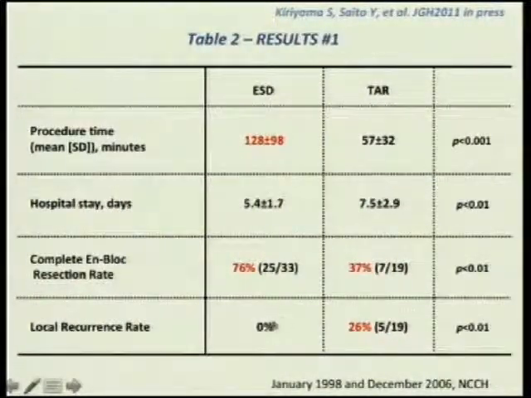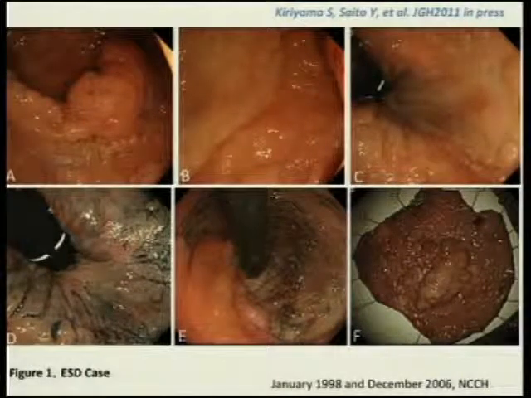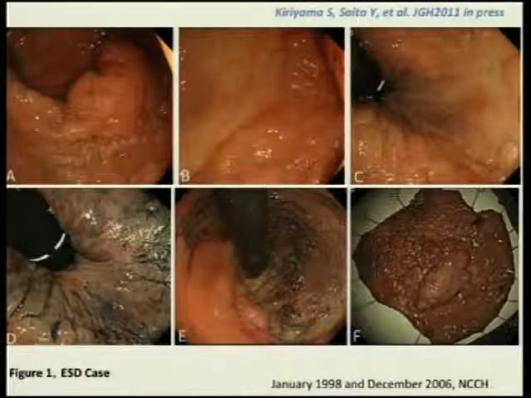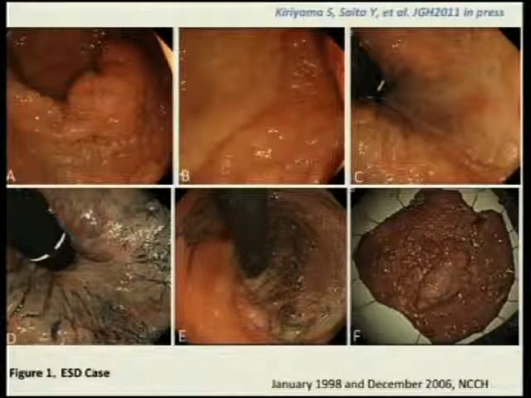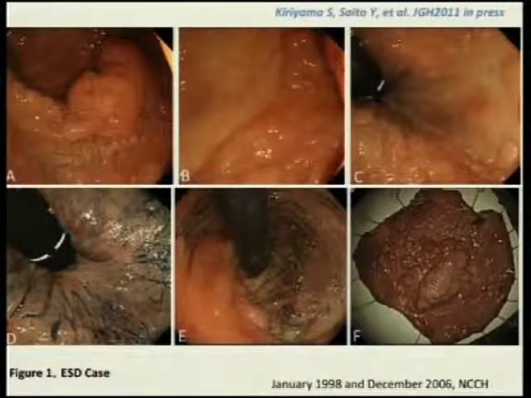And the local recurrence rate is 0% in the ESD group, and 26%, relatively higher, in the TAR group. As for complications, there is no difference between the two groups. So we speculate the higher local recurrence in the TAR group is probably due to poor visualization of the tumor.